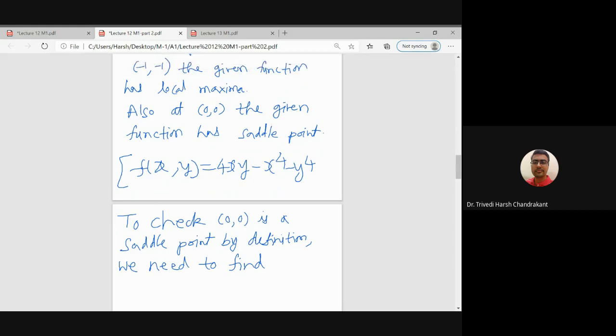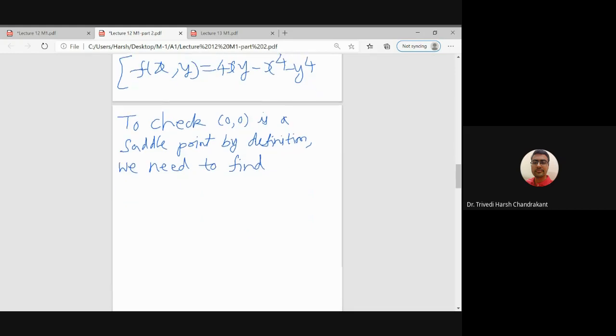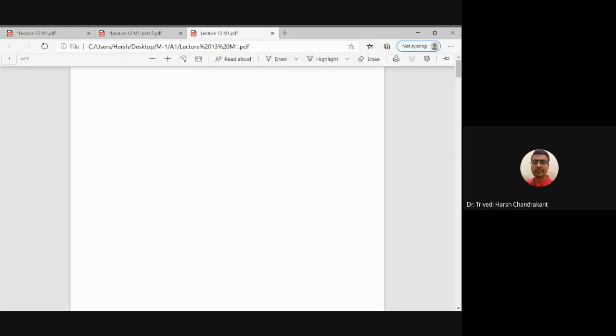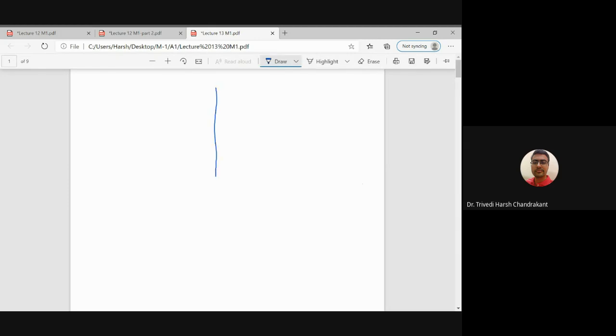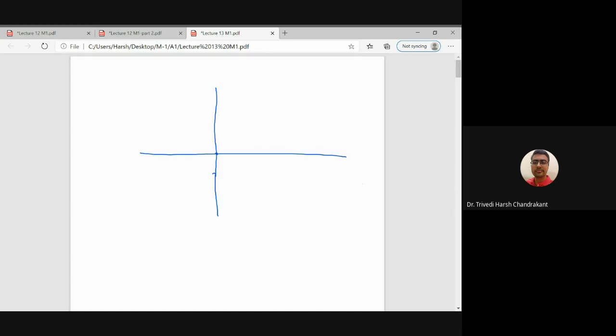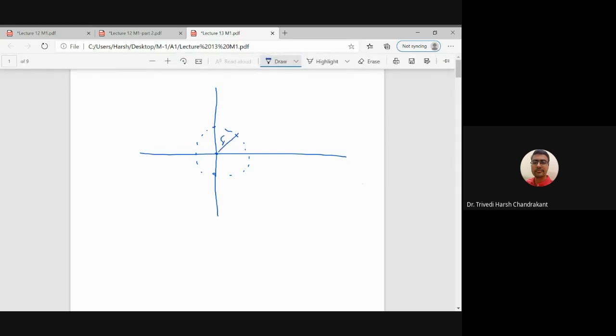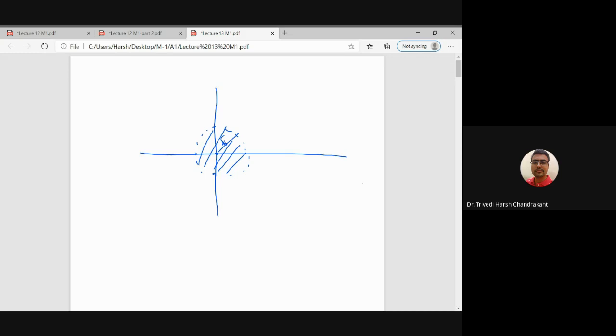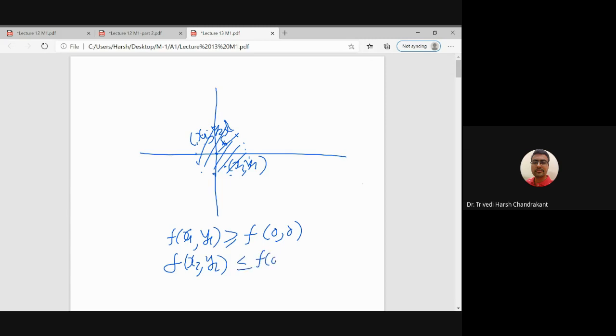We need to show that whatever neighborhood we take of (0, 0), the origin, a delta neighborhood, so that means whatever disk of radius delta centered at the origin we take, for any delta we can always find a point (x1, y1) in this disk and another point (x2, y2) in this disk, such that the value of f at (x1, y1) is greater than or equal to f(0, 0) and the value at (x2, y2) is less than or equal to f(0, 0).